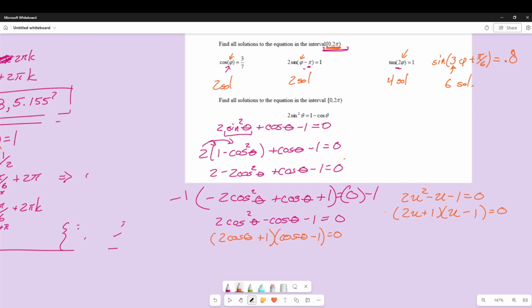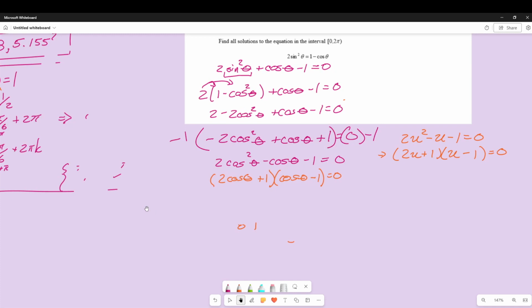It just sometimes helps to see it in a slightly simplified form. But as soon as we have them as a product equaling 0, our zero product principle says we can take 2 cosine theta plus 1, set that equal to 0 and solve, and then take the cosine of theta minus 1, set that equal to 0 and solve.